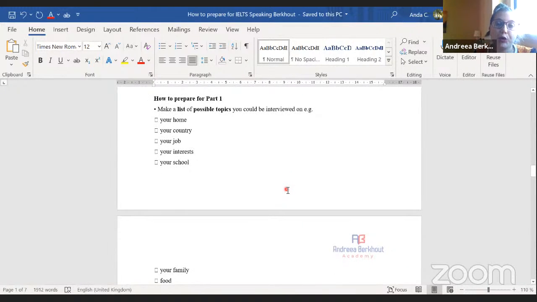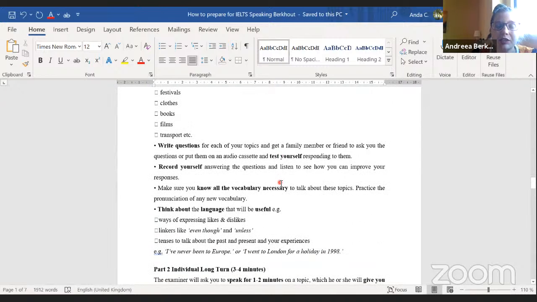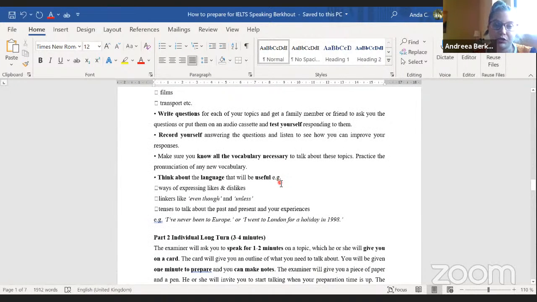And how to prepare for part 1? Well, you just make a list of the possible topics. Like I said, your home, your job, your school, family, food, transport. You write questions, or you just search on the internet for questions on each of the topics, and you test yourself responding to them. You record yourself responding to the questions, and you listen to see how you can improve, maybe.